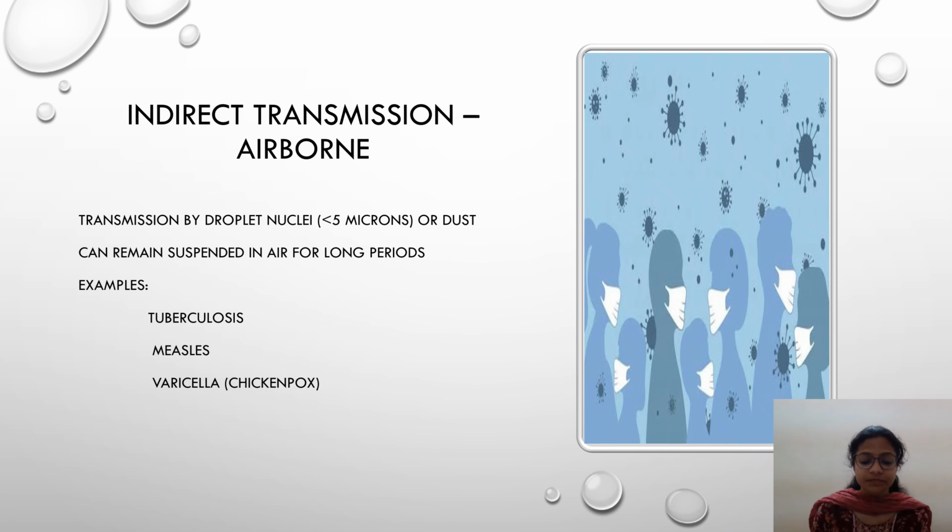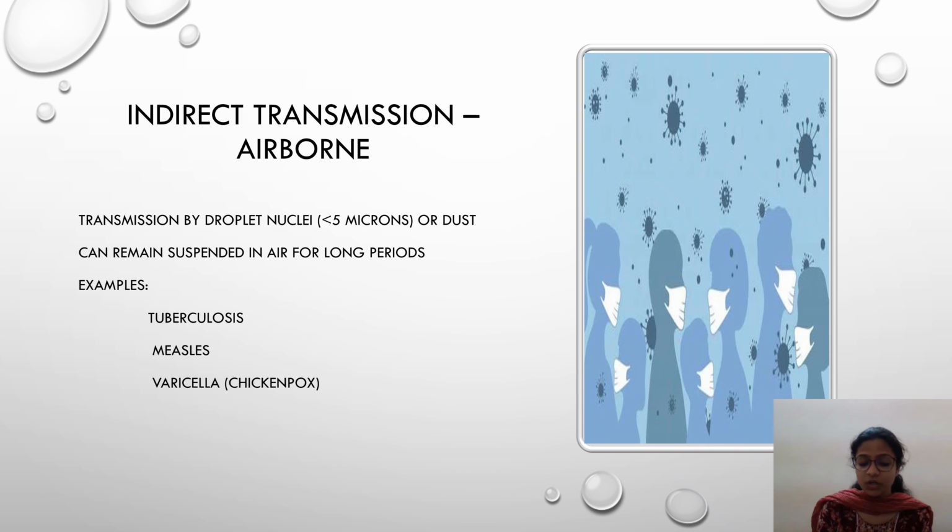The third indirect route is airborne transmission. Here, pathogens are carried by droplet nuclei, smaller than 5 microns, or dust particles, which can stay suspended in the air for long periods.